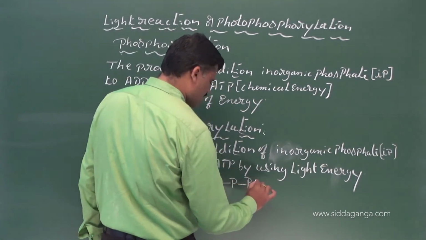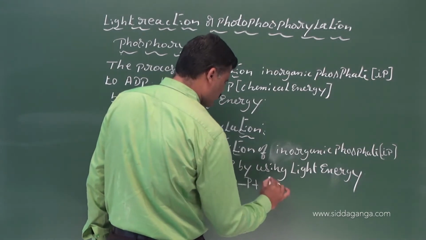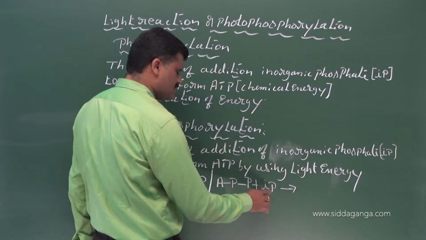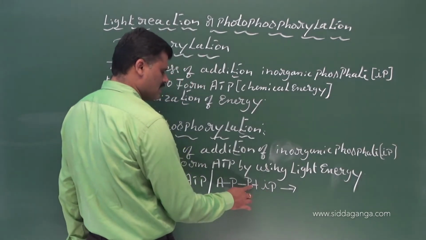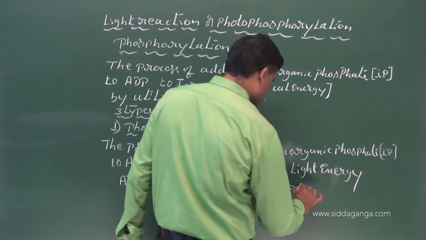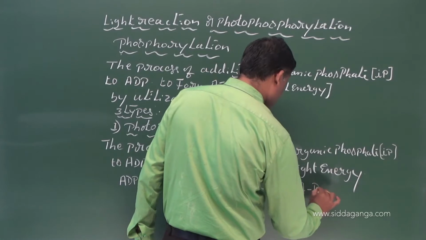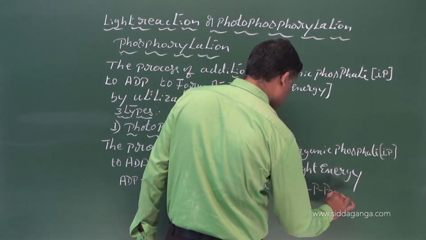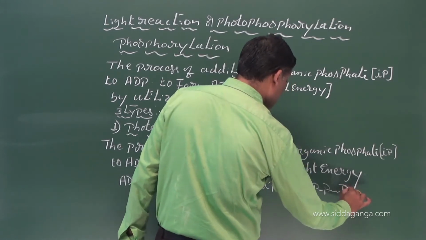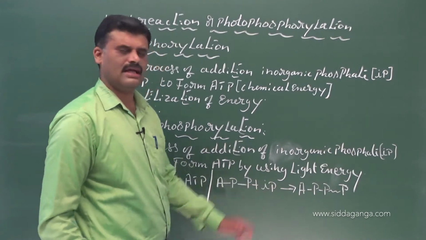This is ADP, plus inorganic phosphate, to form ATP. Here the inorganic phosphate is attached to ADP by forming a chemical bond. So this is the addition of a third phosphate to ADP to form ATP.